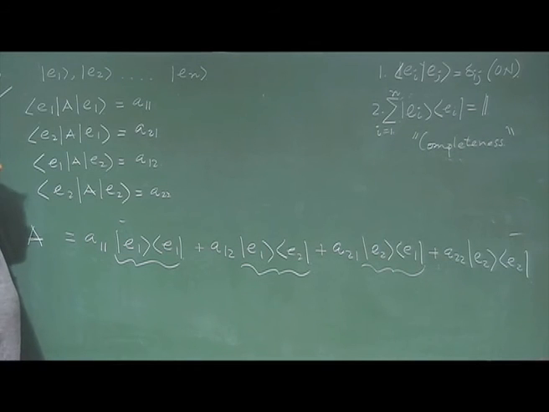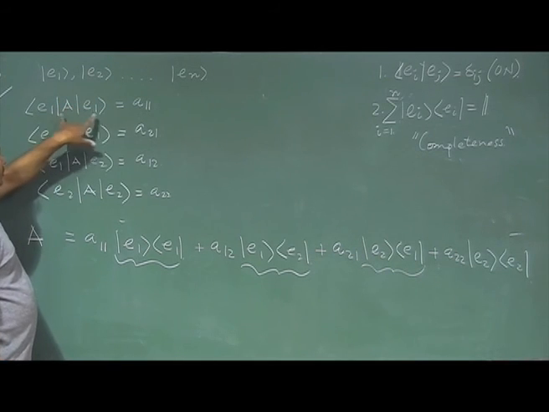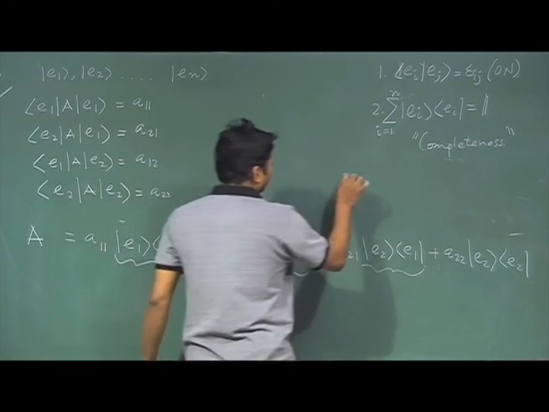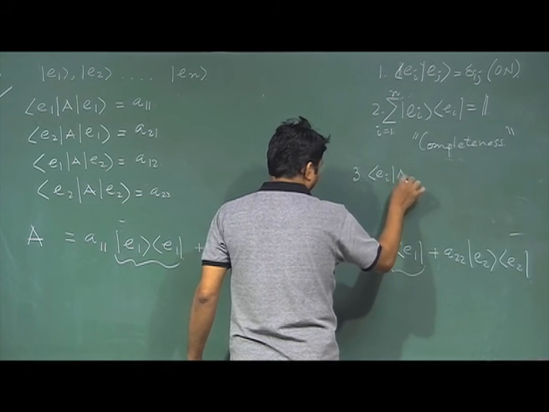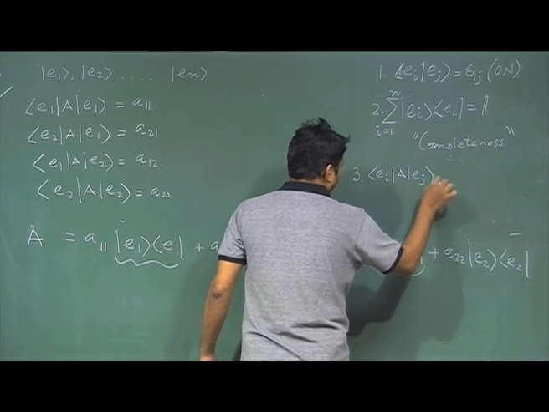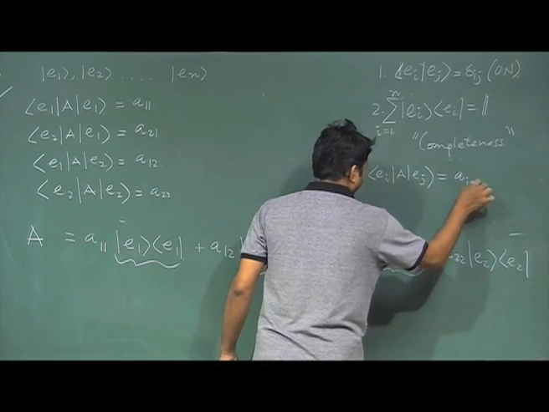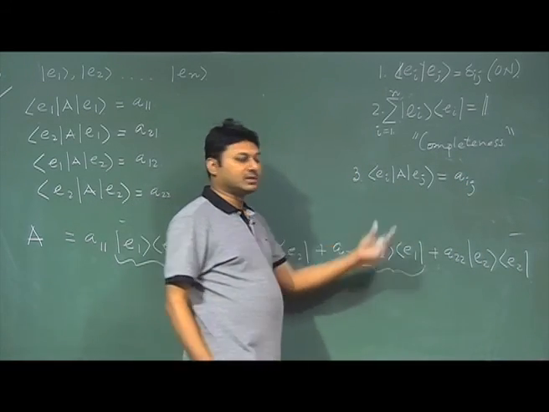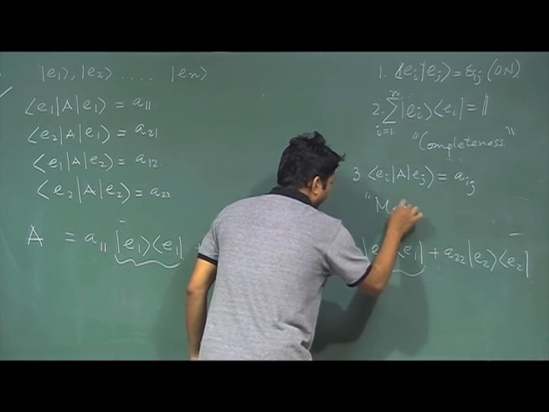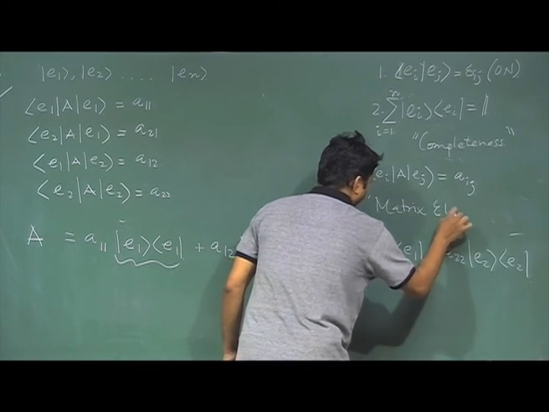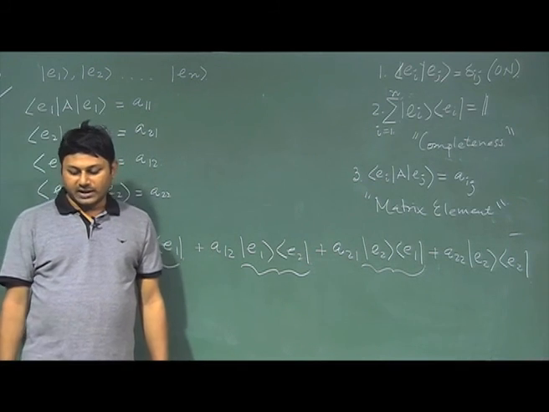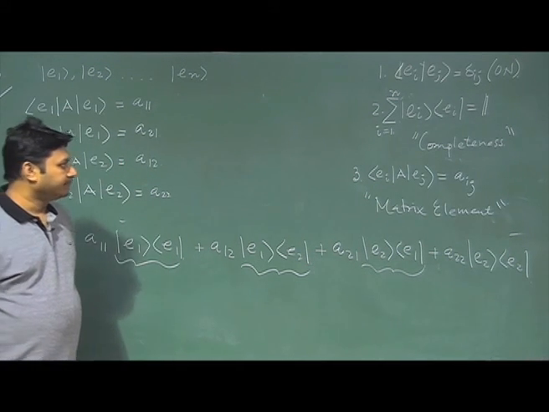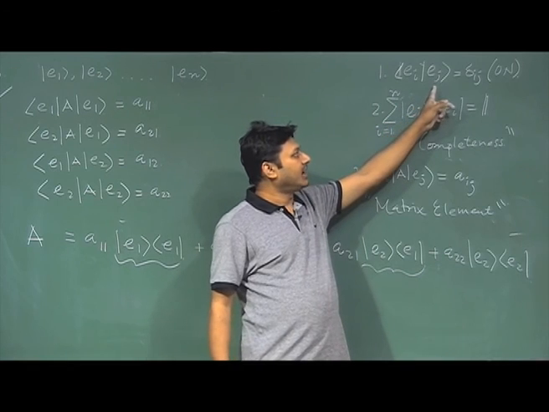Now another important property the E1 E2 E3 has, which is here if I write the third property, which is if I operate this Ei over a matrix Ej, I will get back the matrix element Aij. This is called the matrix element.